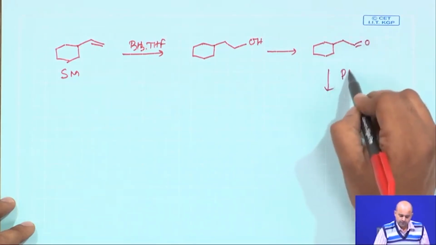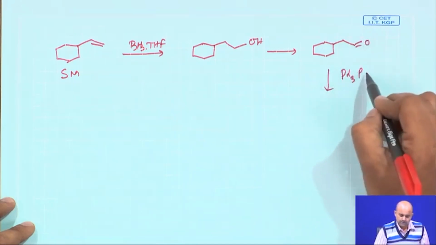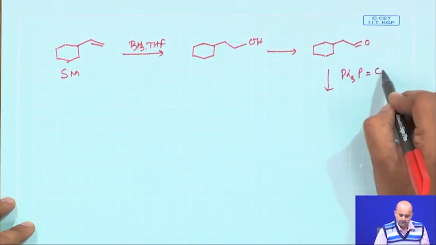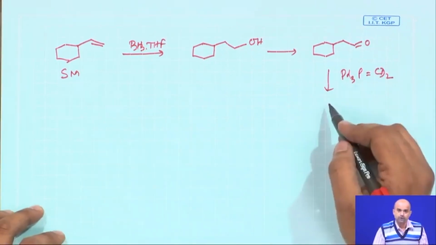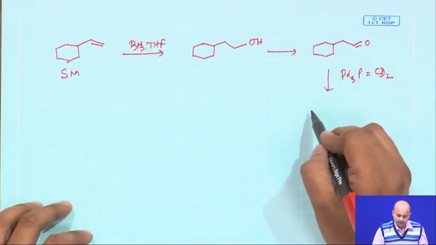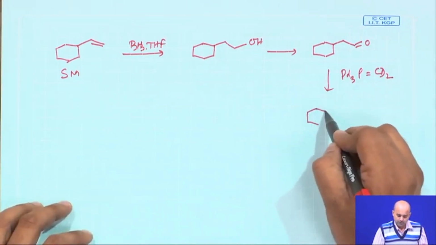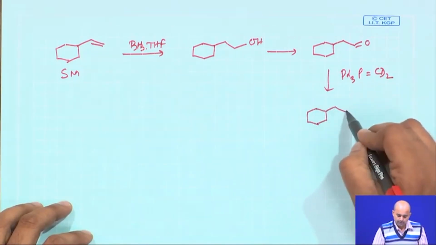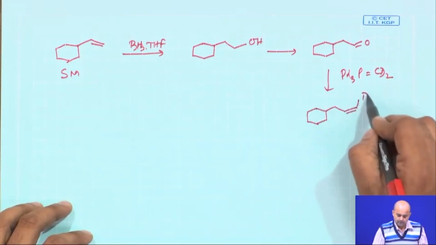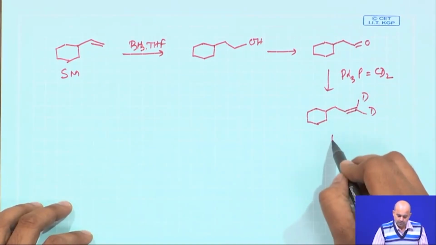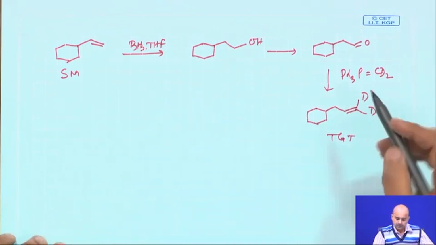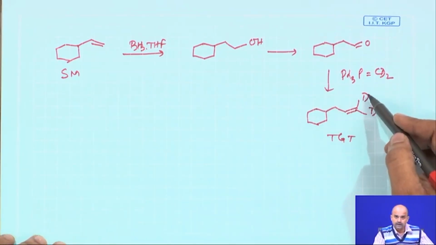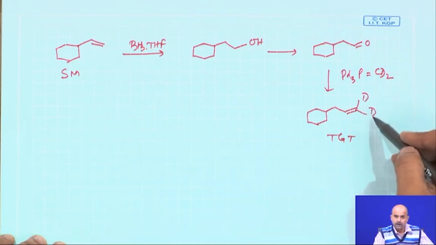Then your Wittig reaction will be in action with this deuterium-based ylide which you already prepared from CD3I and triphenylphosphine. Now, you see you will be able to construct the target molecule with the required allyl appendage, and the allyl appendage having deuterium at its final terminal.